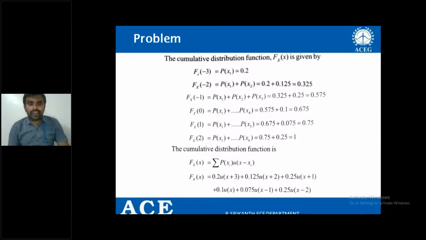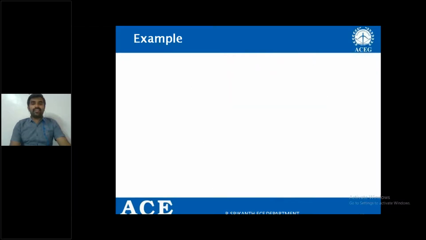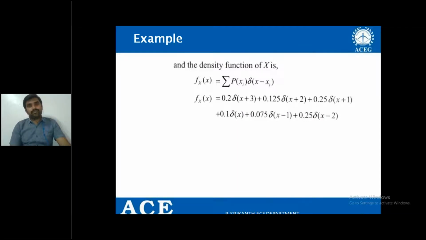Therefore, Fx of x equals 0.2 into u of x plus 3, and so on up to 0.25 into u of x minus 2. It is the functional representation of the distribution function. Similarly, you can represent the density function by replacing unit step functions with unit impulse functions. Why? Because what is the definition of the density function?